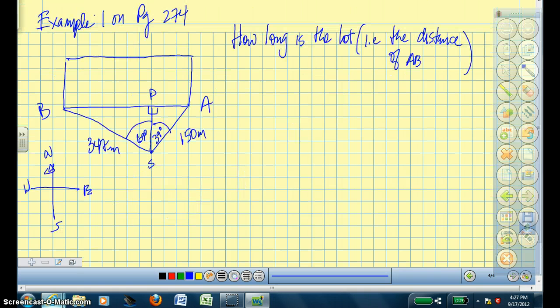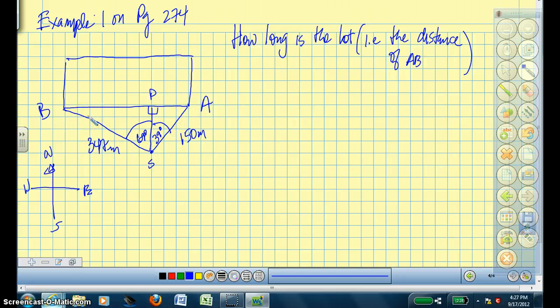Now I want to take a look at example number 1 from the textbook on page 274. The question reads, a surveyor stands at a point S, so here's the point S, and uses a laser transmit and marking pole to sight two corners, corner A and corner B, on one side of the rectangular lot.